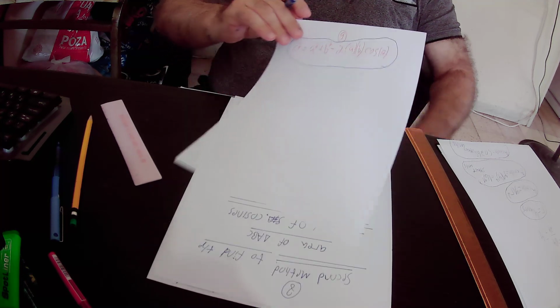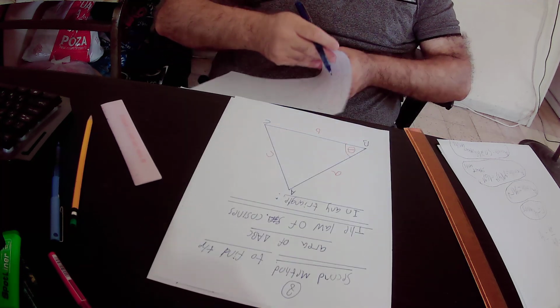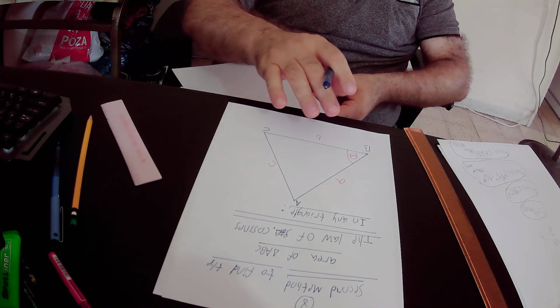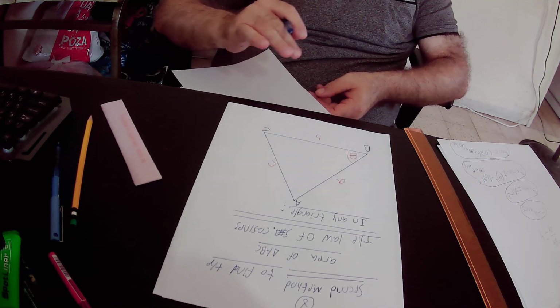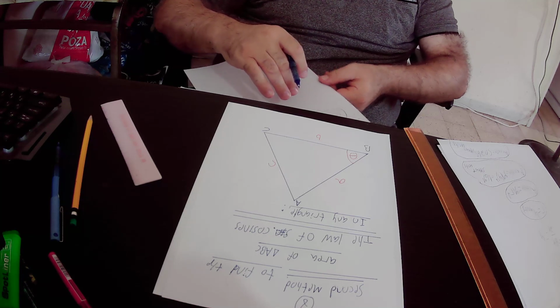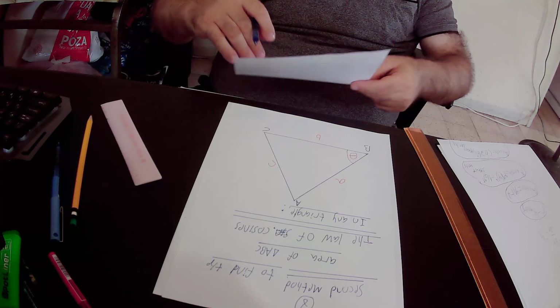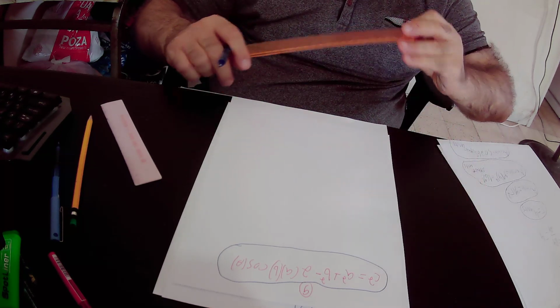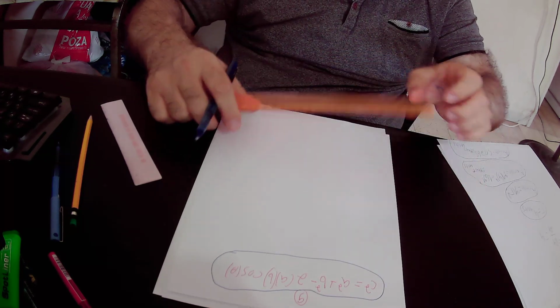So actually we can implement the law of cosines in our triangle ABC. So I will draw triangle ABC again.